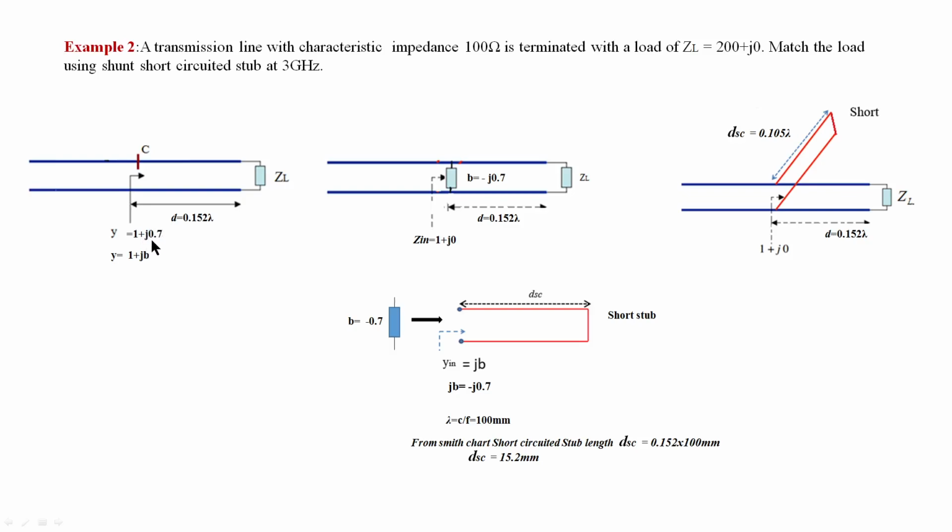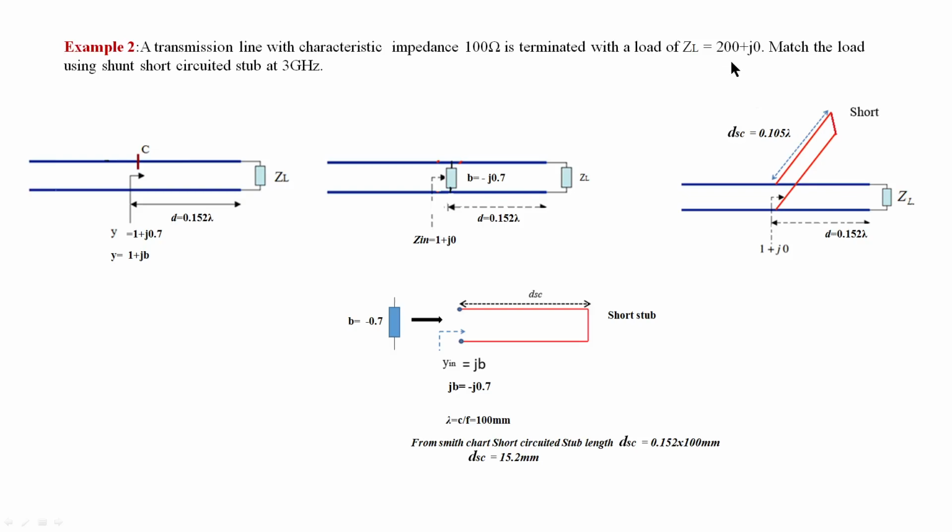For this particular problem I have done this. It is difficult to find the distance of the point using equations, so for that we use the Smith chart. To use the Smith chart you should normalize the load first.